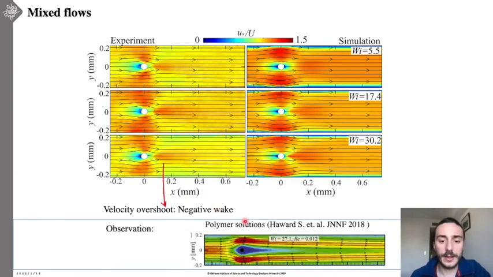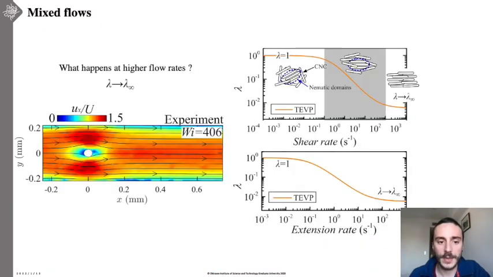As I said, it's not what we expect in a Newtonian fluid, but it's not either what we expect in a polymeric fluid. Indeed, the polymer solution, as shown in this other paper, usually decelerates at the rear pole of the cylinder, and the velocity is small compared to the sides. Here, in our case, we obtain pretty much the opposite scenario.